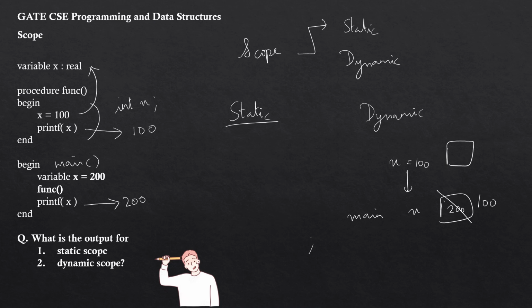Now when we print, we are printing the local variable of main, x, 100. And when we come back, we are getting the changed value, which is 100. So we get 100, 100. But in static, we got global 100 and the local variable is not changed, so 200.